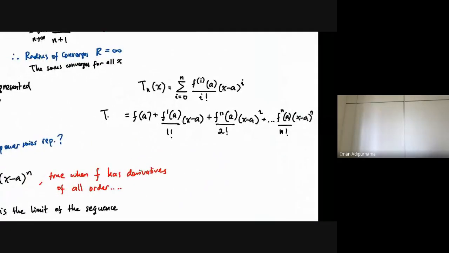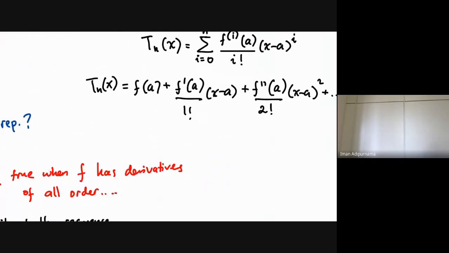So this is T n of x. What does T mean? T in these terms is the partial sum. If you have T1, it's only this part until this. If you have T2 of x, it's this until this. If you have T3, until 3, and if you have n, you have plus until n.